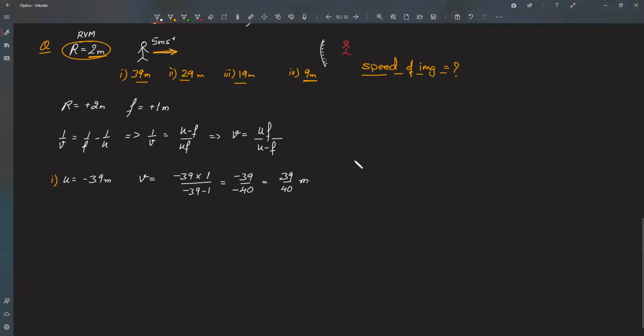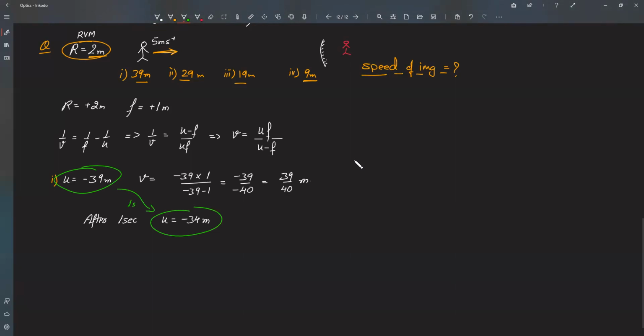Okay, so as the jogger moves at a constant speed of 5 meters per second, that means after 1 second he moves 5 meters. What will be u? After 1 second, it will be minus 34 meters.